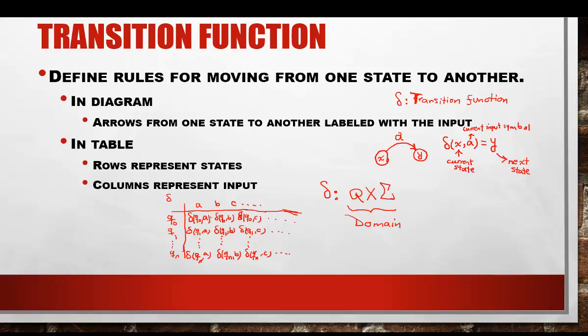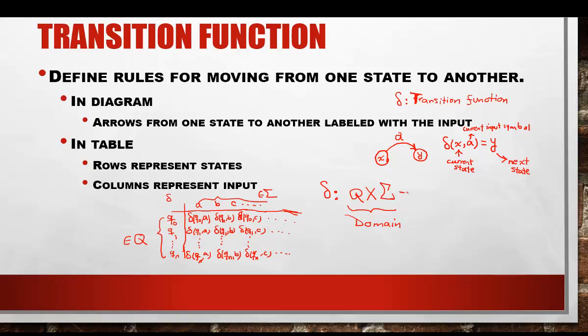So these ordered pairs, the first element comes from Q, and the second element comes from sigma. As you see, then these will belong to the alphabet sigma, and these guys will belong to Q, set of states, as we defined earlier.